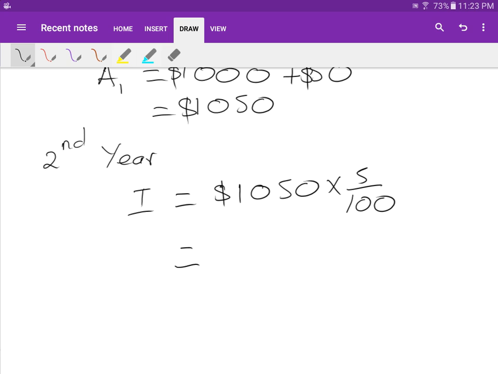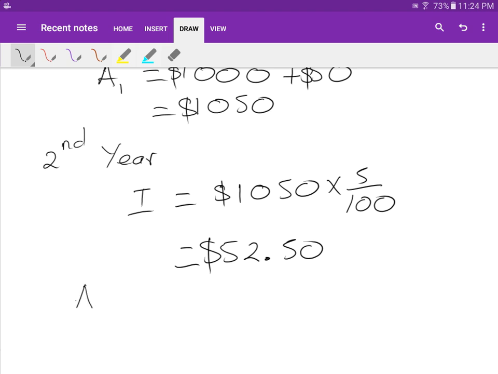If I do that, I will get $52.50. So in the second year, I have received interest of $52.50 instead of $50, because I put in $1,050, so I have a little more interest.